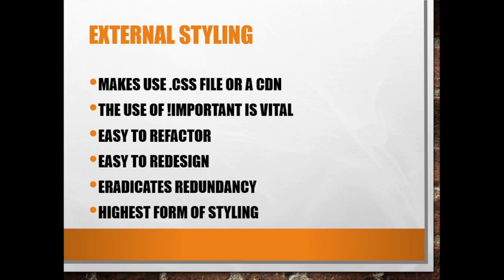And the use of the exclamation mark important makes it very vital, so that it can override any inline style you want. It is easy to refactor, it is easy to redesign, because you just go to the CSS file and redesign whatever thing you want to redesign.